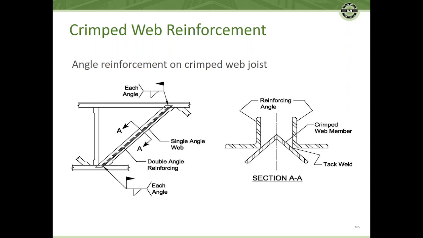You can see on that sketch on the right that we have them close enough that we can tack them, and this helps with the alignment of the web so that we don't have excessive eccentricity. But this is a common way to reinforce crimp members.